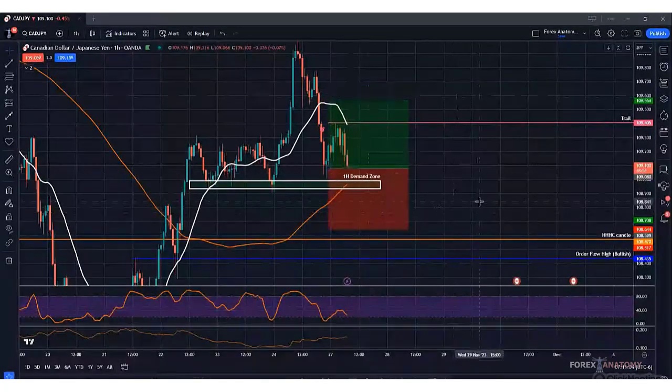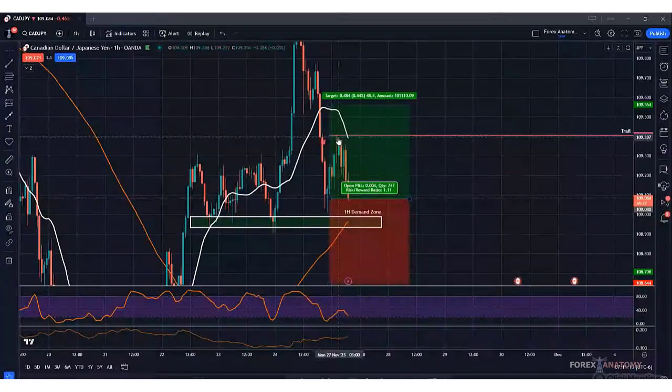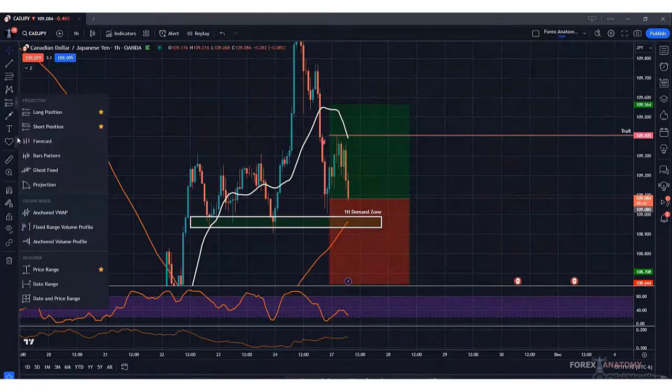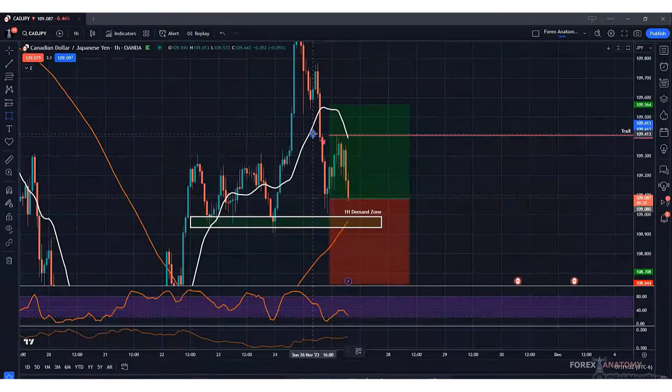We can see here that price did push up and found some resistance in this area of imbalance right here.